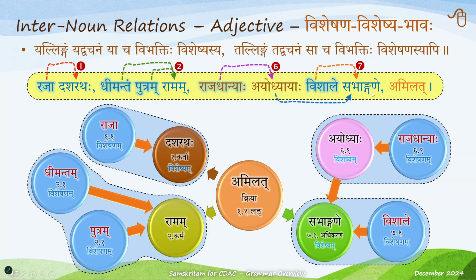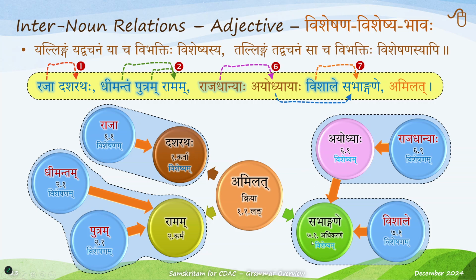Here even Sabangane, the locative Saptami case, in the meeting hall, also has a qualifier, Vishale, also in Saptami Ekavachana. Vishalaha Sabanganaha, Vishale Sabangane, something like that, Saptami relationship. That's again nicely pictured here to show how these blue Visheshana sit behind the corresponding Vibhakti words that sit around the Kriyapada.